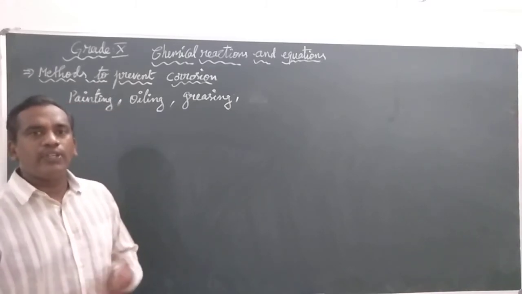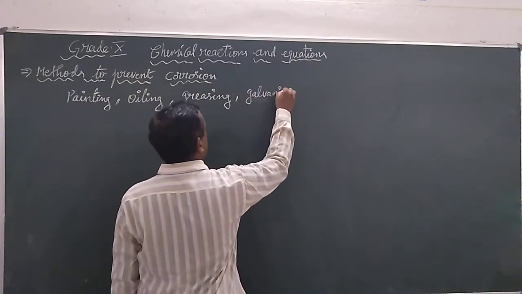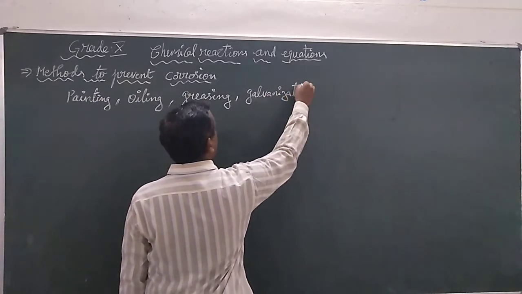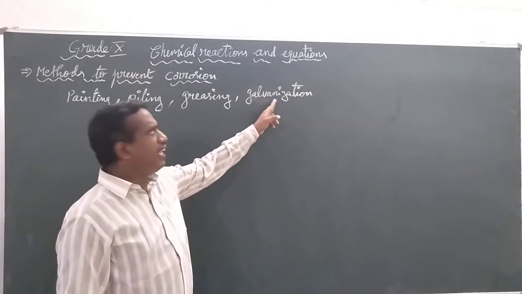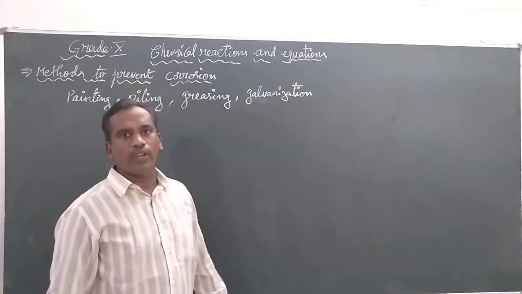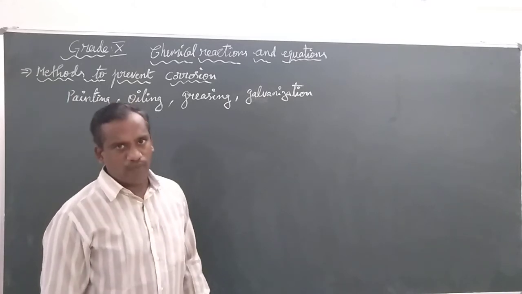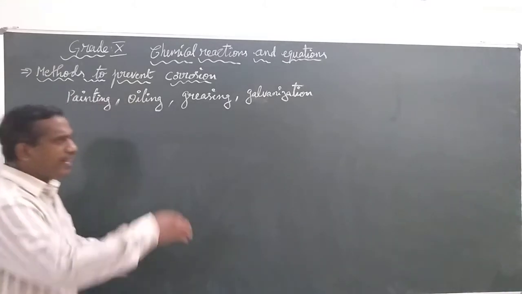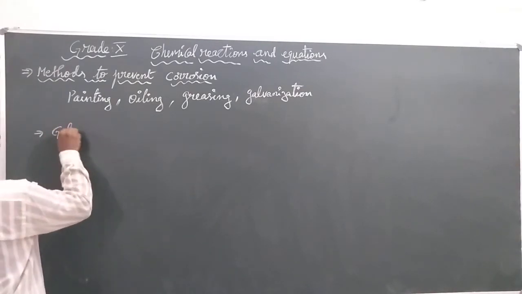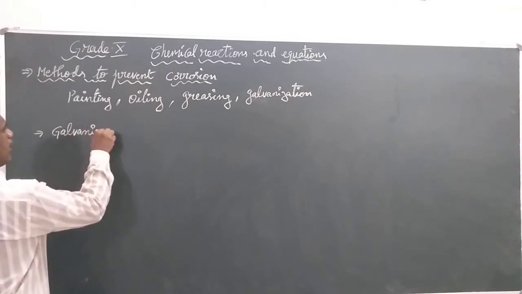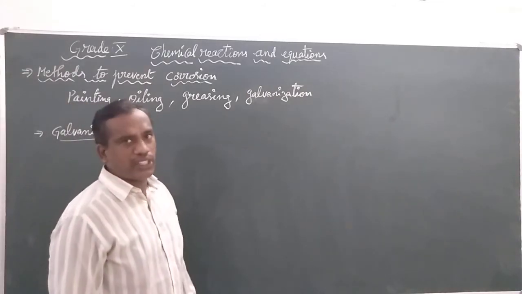Now we are getting a new word that we call galvanization. What is the new word, children? Galvanization. Now let us see what this galvanization is. Before we continue into the next method, we had already discussed the metal reactivity series.